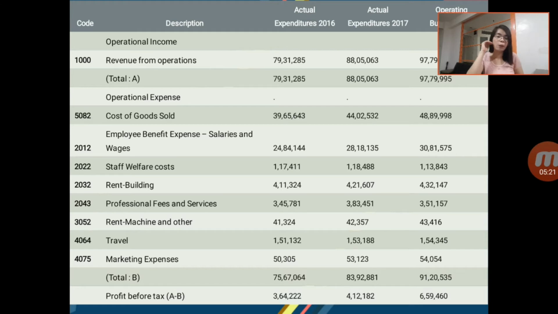We also have here the operational income, the revenue from operations or the total sales, the cost of goods sold, which is included in operational expenses or operational budget, the employee benefit expenses, the salaries or wages, the staff welfare costs, rent of buildings, professional fees and services, rent of machines and others, travel, and also the marketing expenses. And at the bottom part is the profit before tax. Of course, in any form of business, we do have tax.